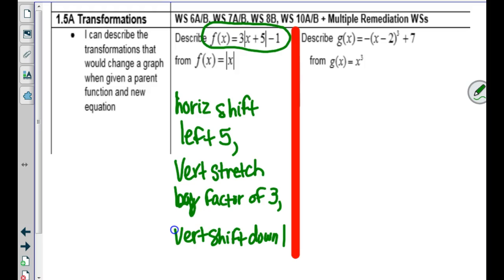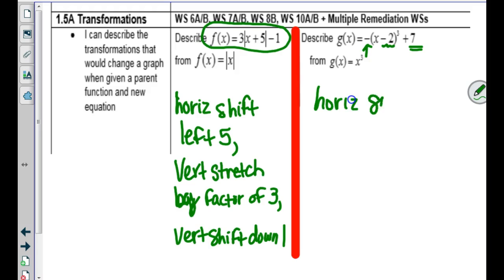The order makes a huge difference when there's a reflection, like this one. Okay? What order are we going to state these in? Going to do this first, then what? Then this, and last this guy. All right, what's the minus 2 do? Okay, horizontal shift right 3.